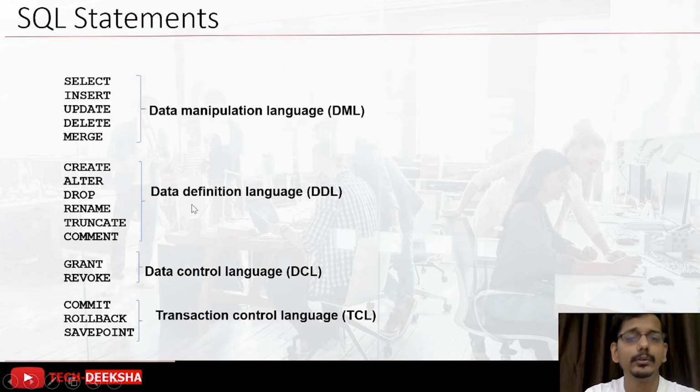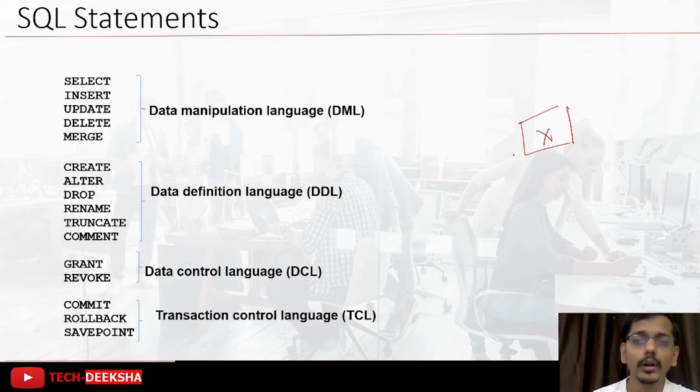Let's say, for example, using DDL you created one table, table X, and you want to give some access to this table to user Y. Until you give the grant, user Y cannot access table X. So you need to give the grant to user Y so that he can access the table.